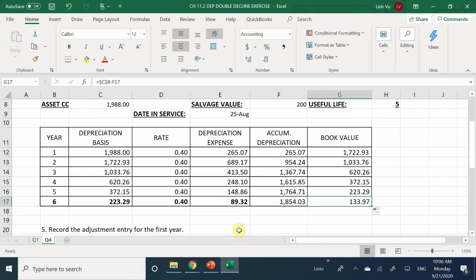I'm doing Excel, so I'm looking at depreciation of 223.29, rate was 40 times that, that was 89.32. And when I did the formula, F16 plus E17, it came up to 1854.02.